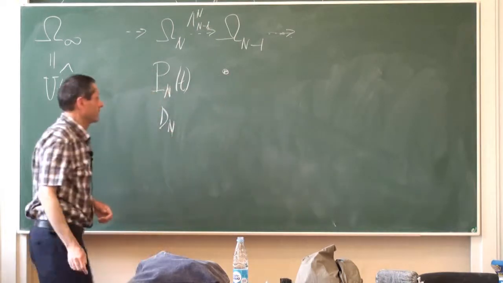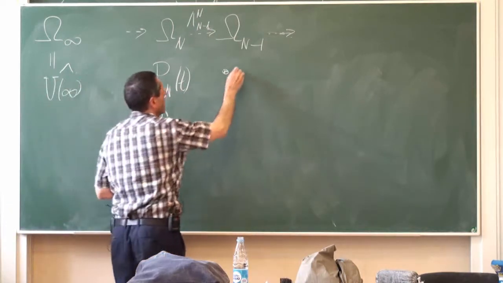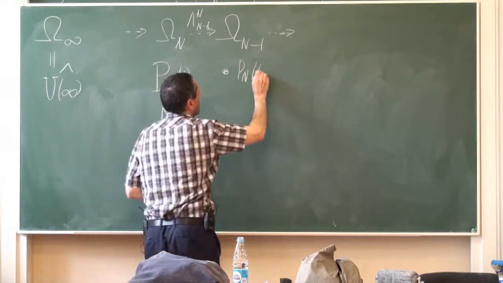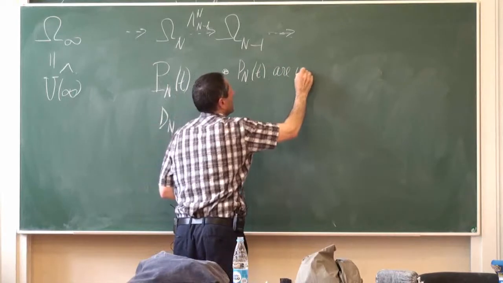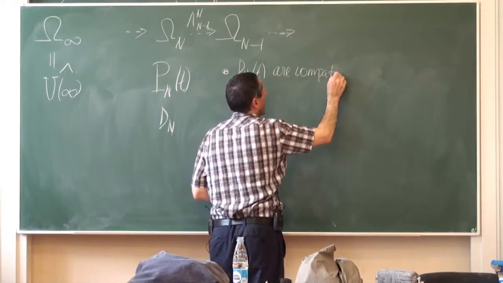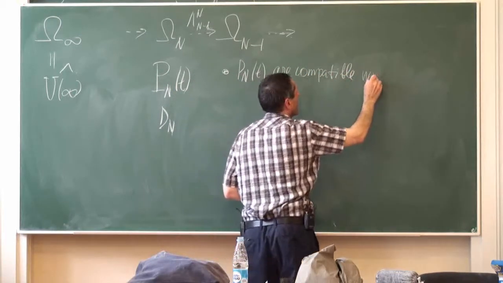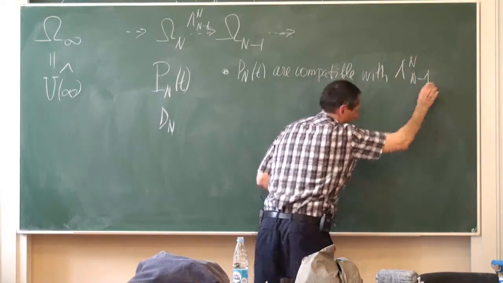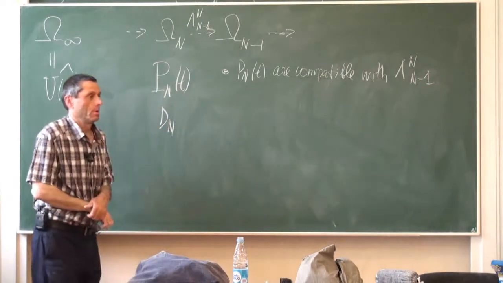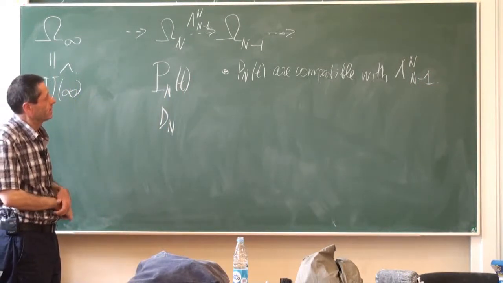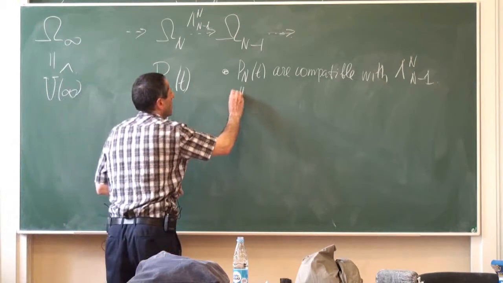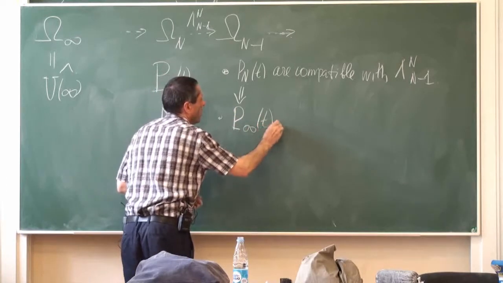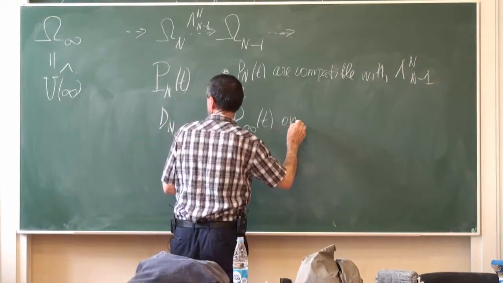First of all, the result is that the semigroups are compatible with the links. So by the general result, this produces a semigroup on the boundary.